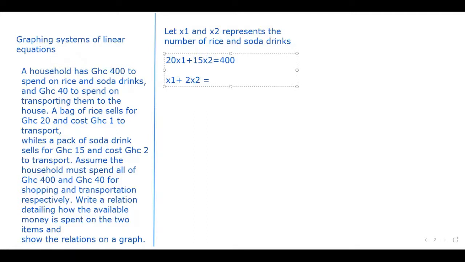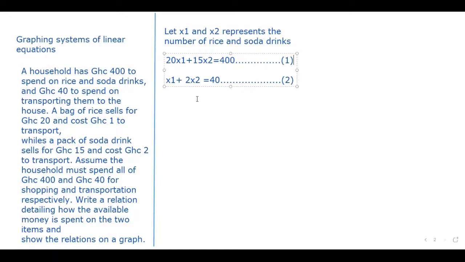We are having 40 cedis to spend on transportation. So these are the two expressions you are going to have: the first equation and the second equation.